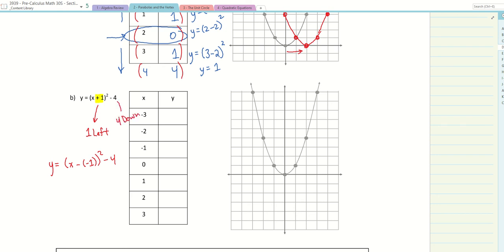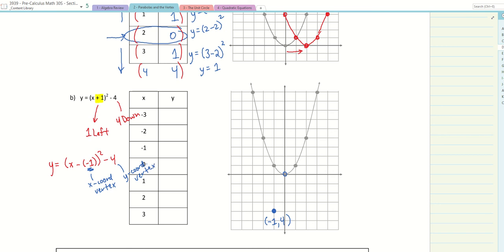All right, so our vertex isn't going to be at 0, 0 anymore. It's going to move 1 to the left, 4 down. So its new location is negative 1, 4. Notice when I write it that way, that's like the x-coordinate of the vertex, and 4 is like the y-coordinate of the vertex.